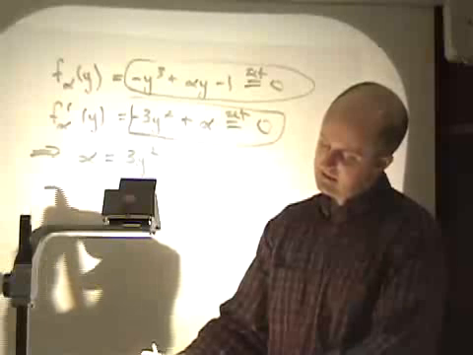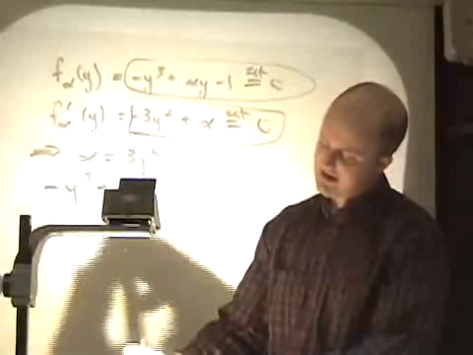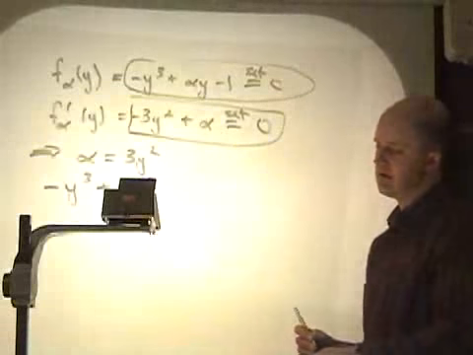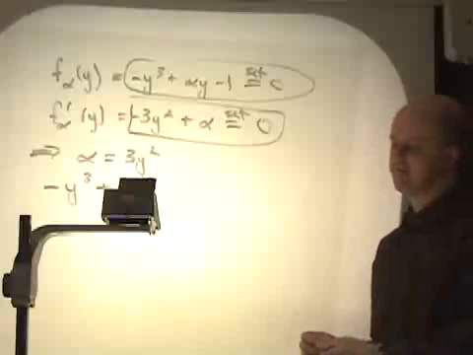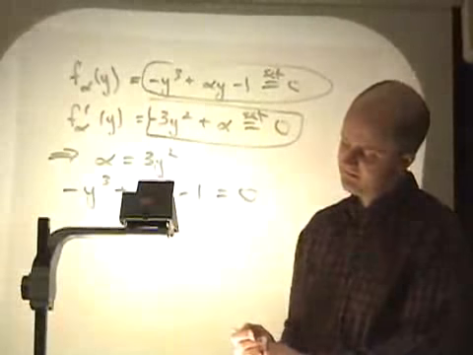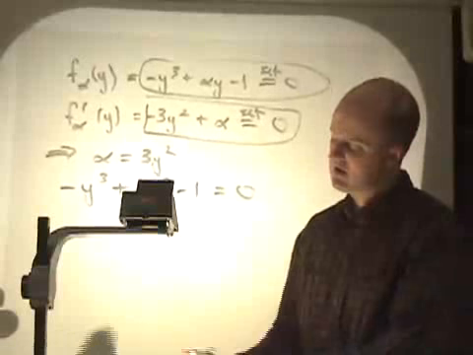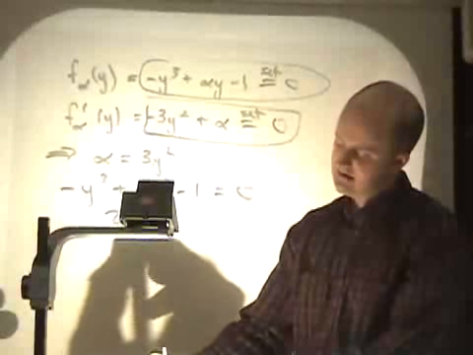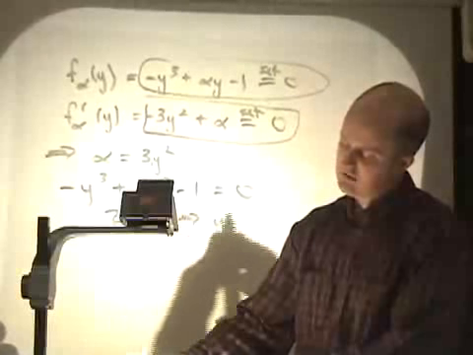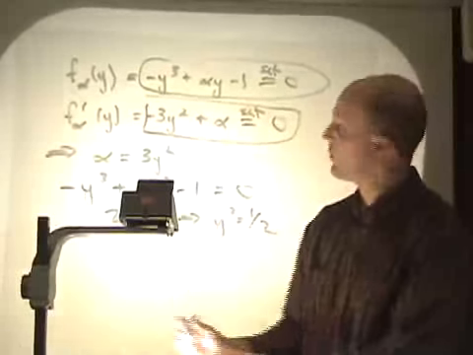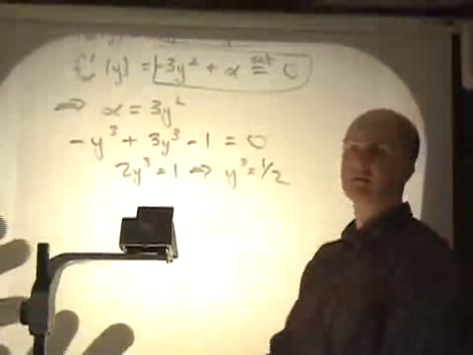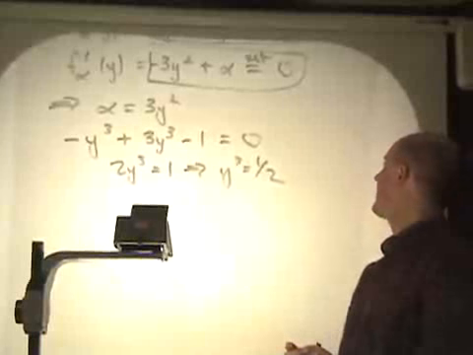So if we do that, substitute, we've got negative y cubed plus alpha y, that'll be 3y squared times y, minus 1 equals 0. Still a cubic equation, but this one can be solved. If we simplify it, 2y cubed equals 1, or y cubed equals 1/2, that has one real solution.